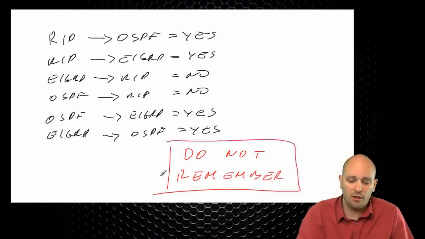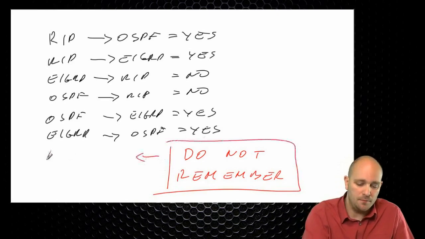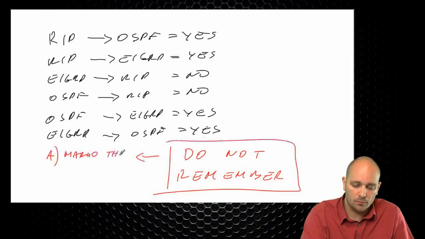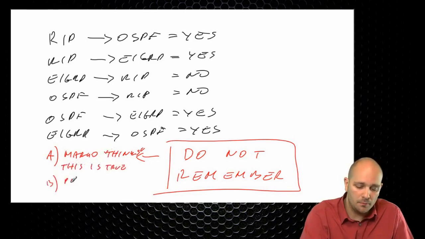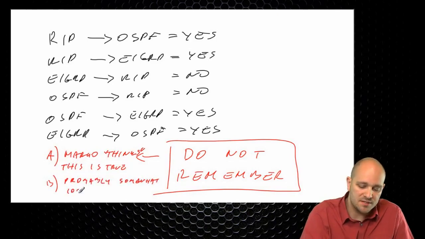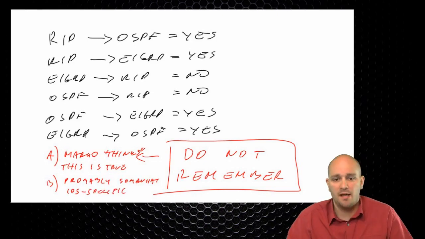Because A, Marco thinks this is true, and B, it is probably somewhat IOS specific. So you might be at the mercy of the IOS version. That's the last thing that you want to have in the CCIE lab.